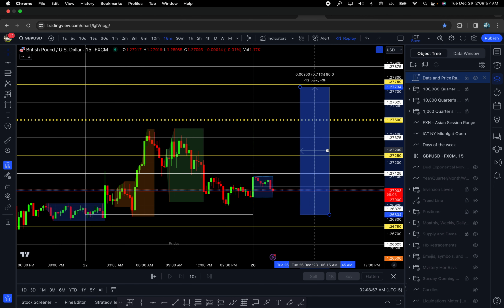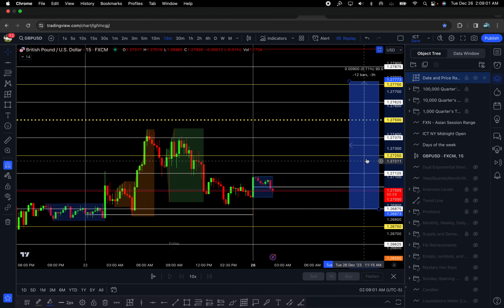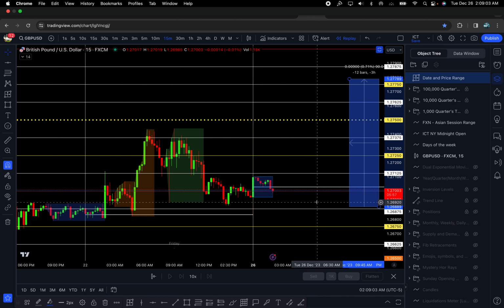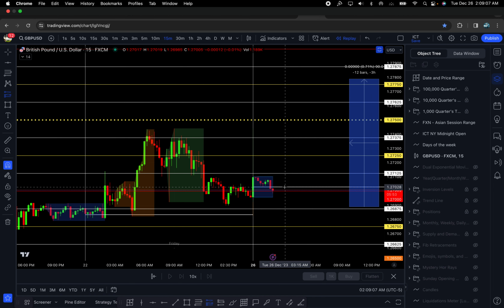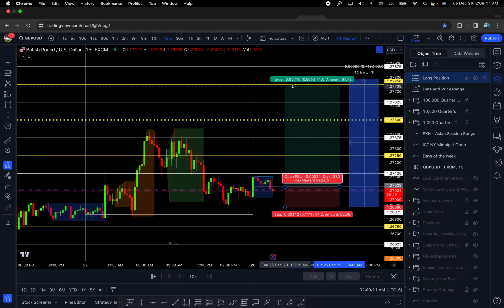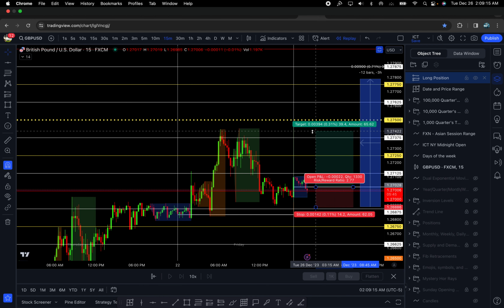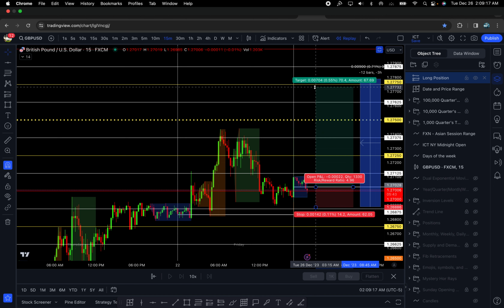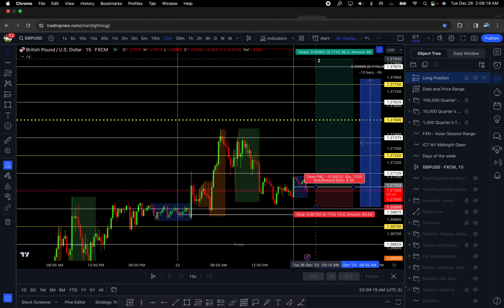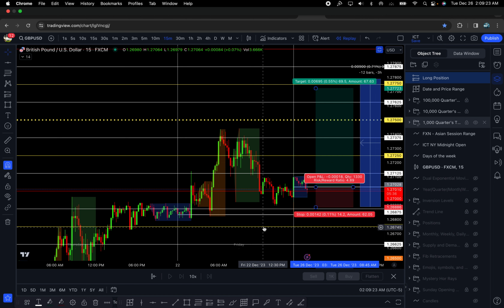Actually, I usually put it over here, away from price action. But by the way, for the average true range, you'd take a partial here, and then you would use the average true range to figure out what you can reasonably expect for the day in terms of profits.